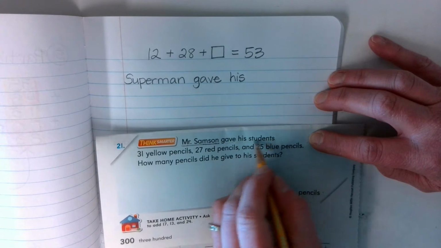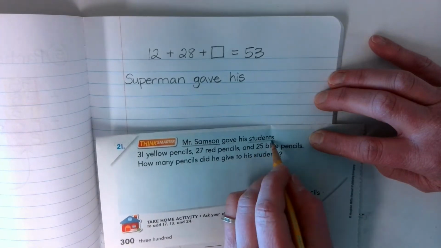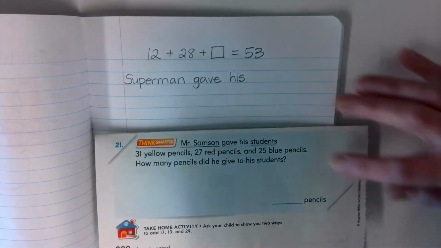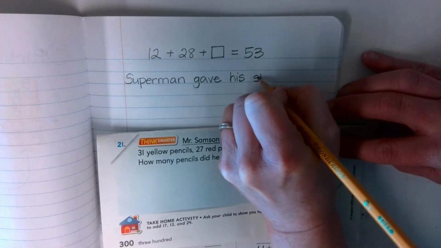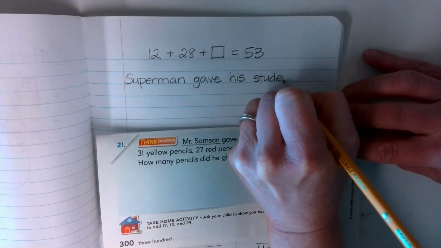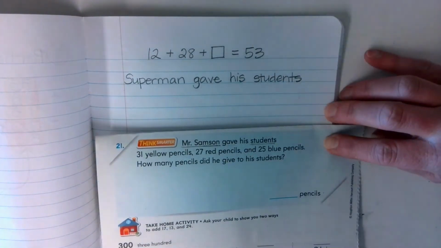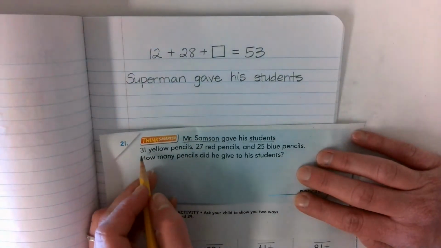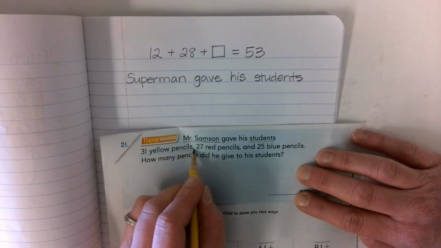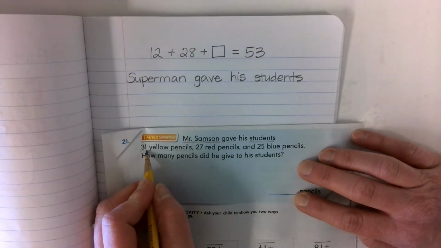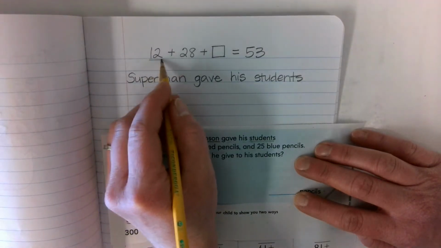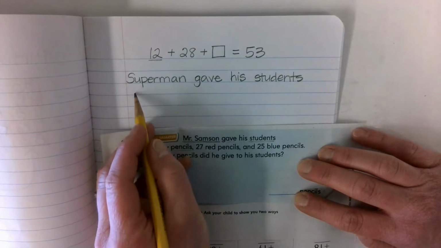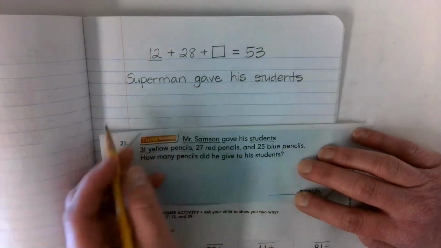Okay. His what? Students. Superman gave his students, now this says 31 yellow pencils, but are we using 31 yellow pencils? No. We need to use 12. That's the first number. I'm going to skip a line here.